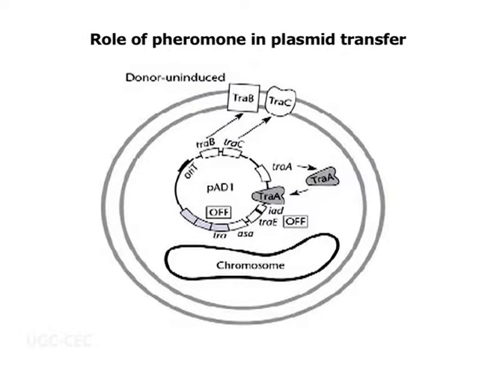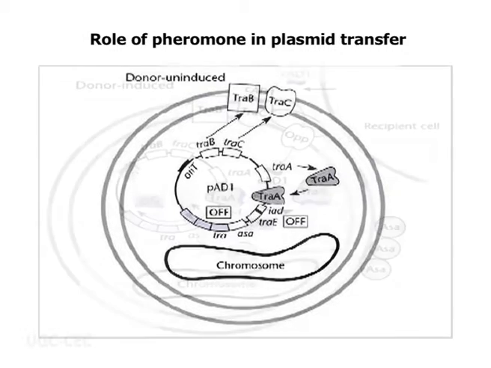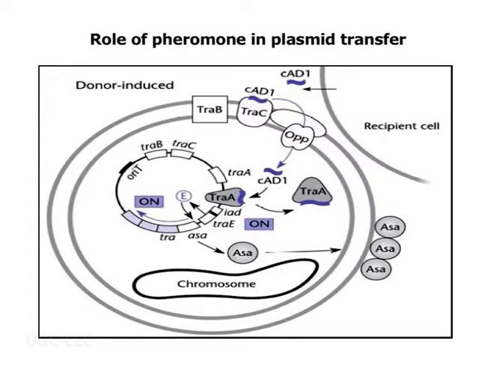So it comes here, and next you can see the existence of the molecules TRA-B and TRA-C on the cell surface of the donor bacteria. Once the signaling molecules arrive, they bind to the TRA-C protein on the cell membrane of the donor bacteria. Then it is internalized and binds to TRA-A. TRA-A is responsible for repressing the expression of the tra-operon genes.